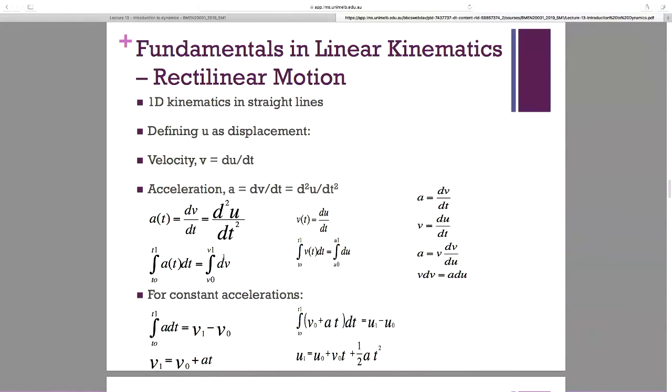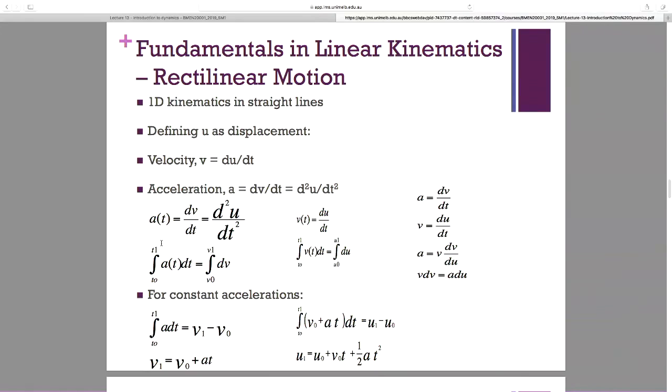In here, the notation U refers to displacement quantities, V refers to velocity quantities, and A refers to acceleration. The top part gives you fundamental relationships between acceleration, velocity, and displacement.